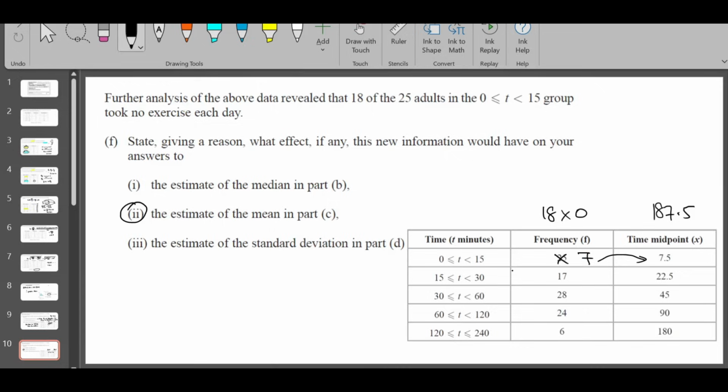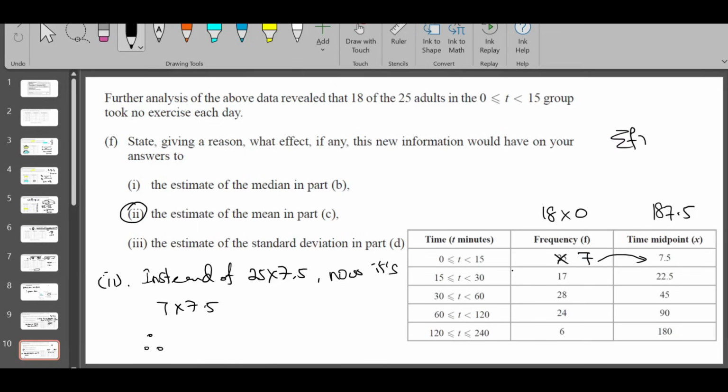So you need to write for II, instead of 25 times 7.5, now it's 7 times 7.5. Therefore the value decreases. So this sigma fx is the numerator when you find the mean. So when the numerator decreases, automatically the mean will decrease because sigma fx is reduced now, right?